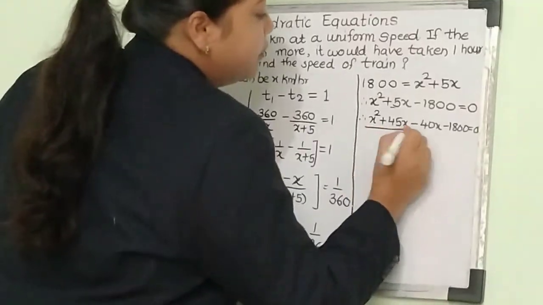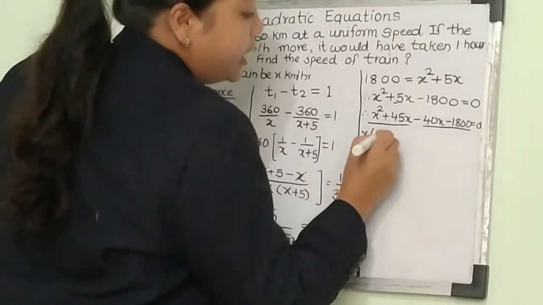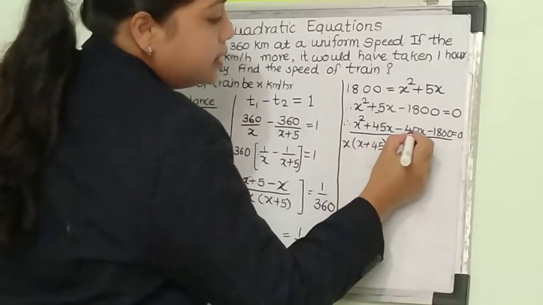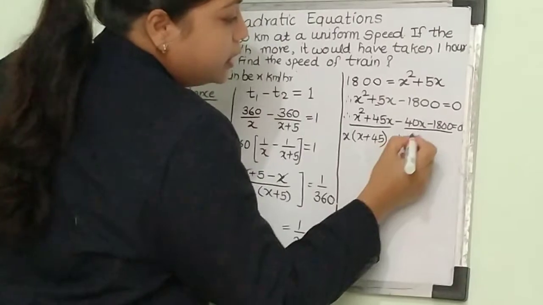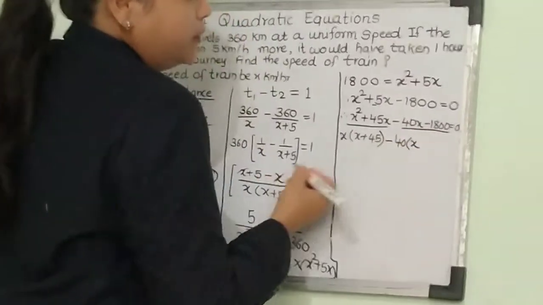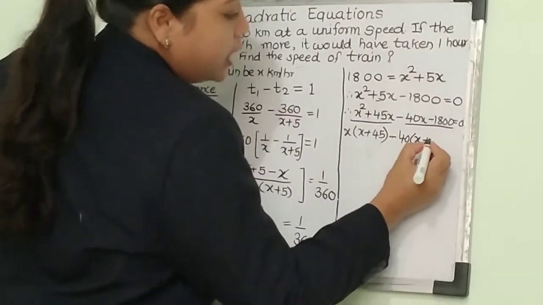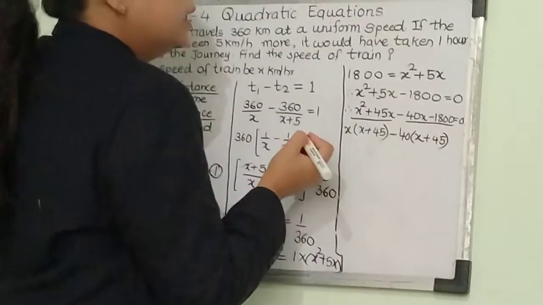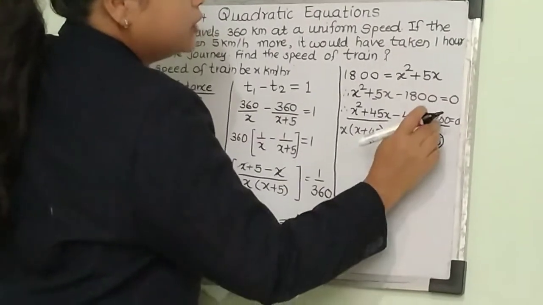So splitting the middle term we get, here we can take common x, plus 45 will be left in bracket, minus, here we can take out 40 common. Now minus 40 will be there, so here x is left, and due to this minus sign will change and it will come plus. So here plus 45 we get, because we see that 40 into 45 you will get 1800.